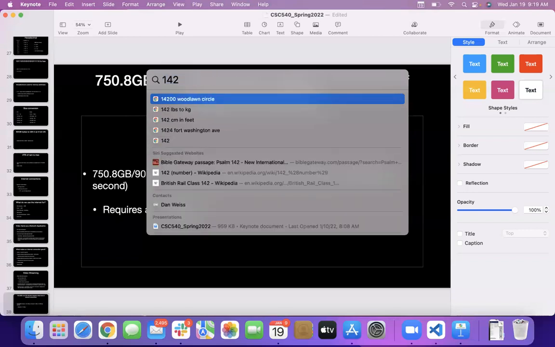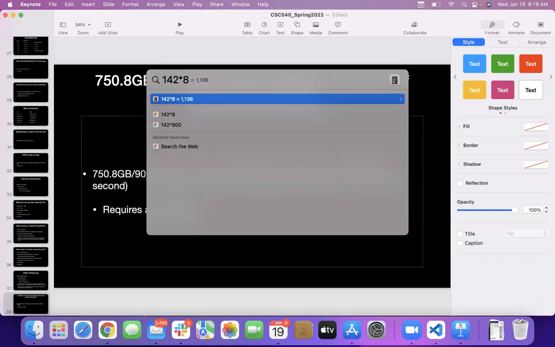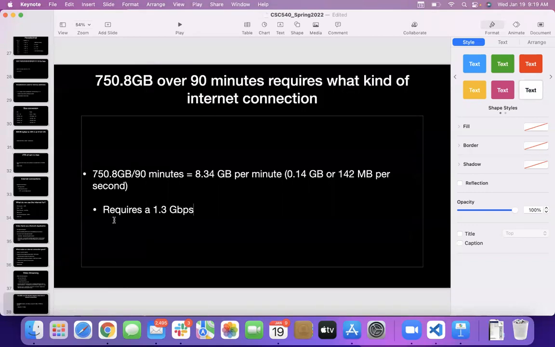Let me multiply that by 8 first. Then I want to divide that by 1,024. It's actually 1.1, a 1.1 gigabit per second internet connection.